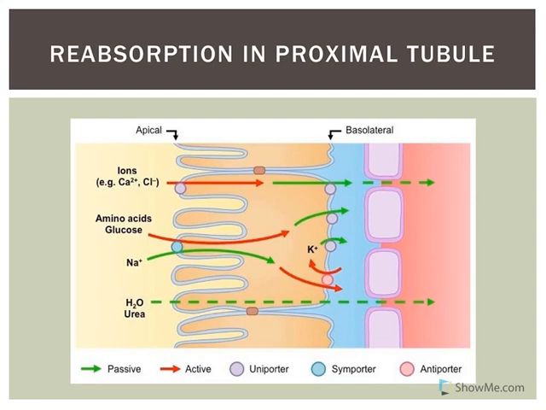I had mentioned that nutrients are only reabsorbed in the proximal tubule. They have these co-transport proteins, or symporters, so they are transported along with sodium. You see these co-transporters or symporters in the apical membrane, and they're specific.